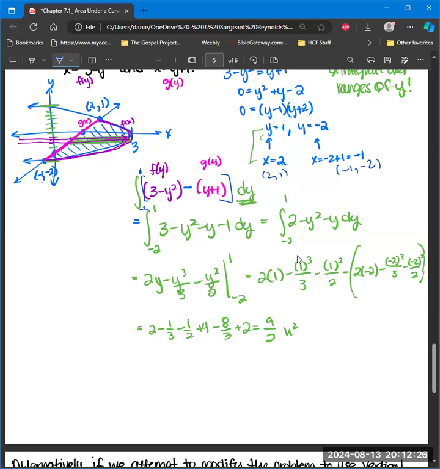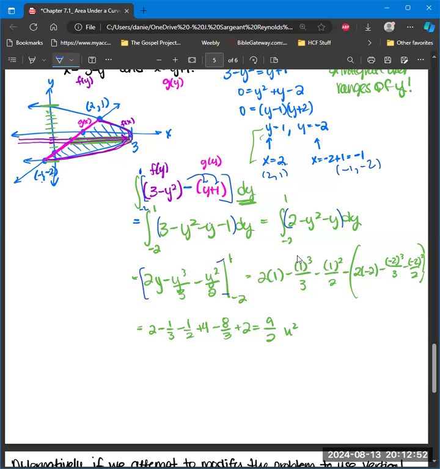It's -2 to 1, and then distribute this negative sign as a -y and a -1. Combine my like terms. 3 minus 1 is going to give me 2. Then I'm going to integrate each piece. I get 2y minus y cubed over 3 minus y squared over 2.